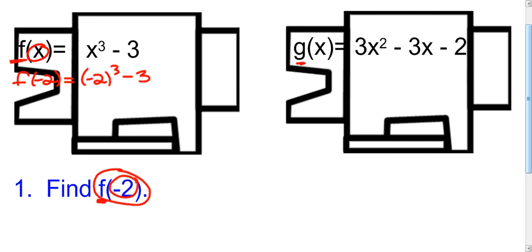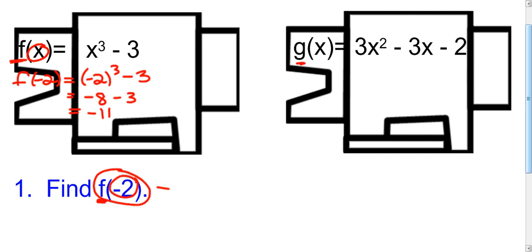If you're using your calculator, please make sure that you put them in parentheses, or sometimes the negatives will not be correct depending on the sign. And when you cube something, it doesn't mean to multiply it by 3. It means to multiply it by itself 3 times. So negative 2 cubed would be negative 2 times negative 2 times negative 2, which we know is negative 8, minus 3, and then I get negative 11 for my answer.